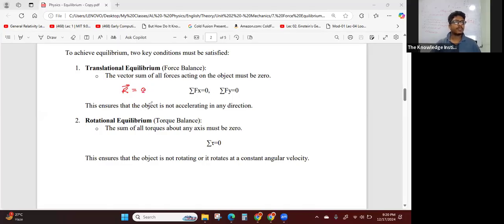Or else you can write the magnitude of the resultant, and then the magnitude is equal to zero. So here they have written 0, meaning they are writing the magnitude. The magnitude of the resultant in the horizontal direction should be 0, and the magnitude of the resultant in the vertical direction should be 0.